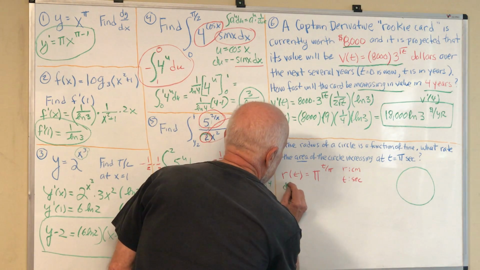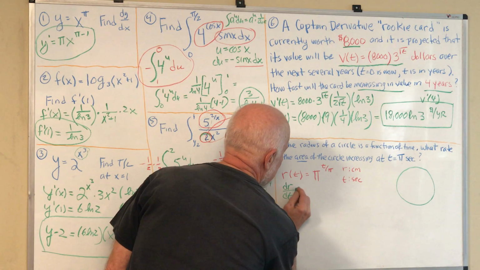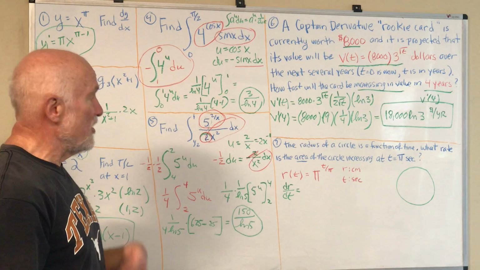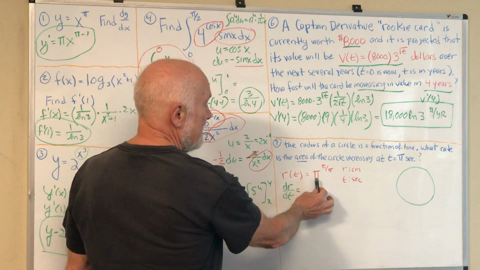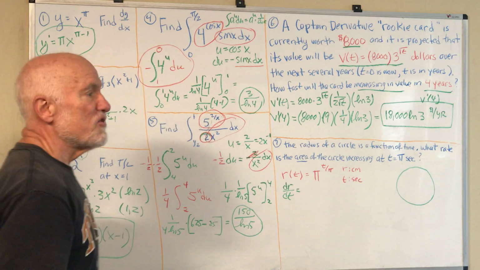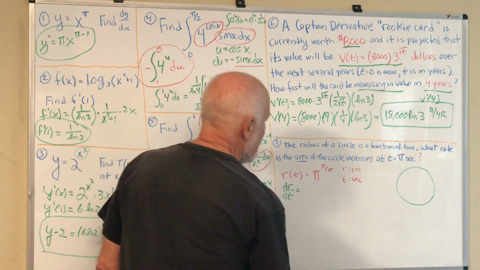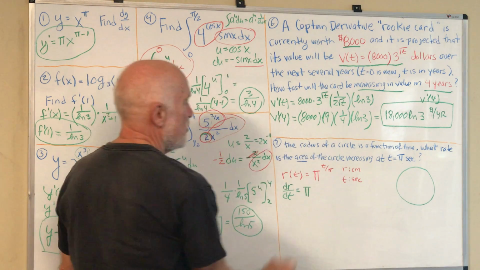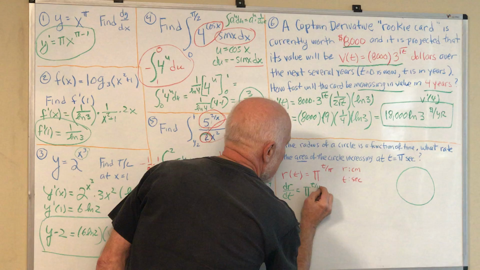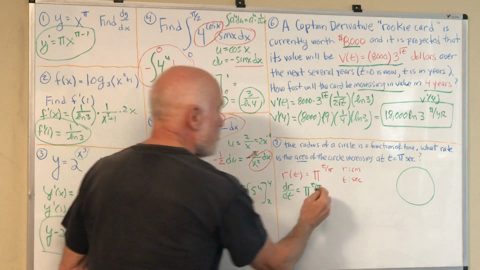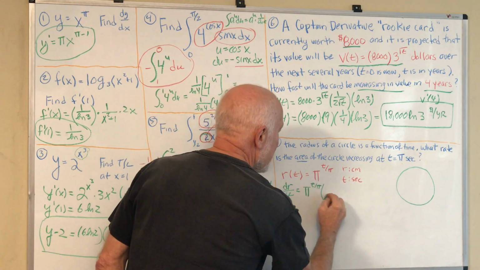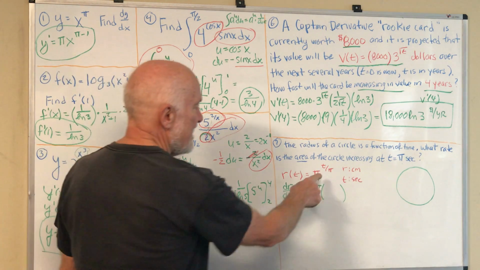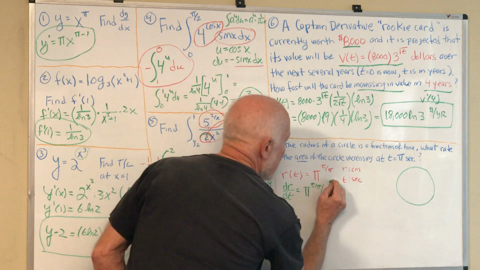So what is dr dt? Well, pi is just like it is a number. It's an irrational number, but it's just like having 5 to a power. So we're still going to use that new derivative. So the derivative is going to be pi to the t over pi, but then we have to do the chain rule and multiply by the derivative of t over pi, which is that's just 1 over pi times t.